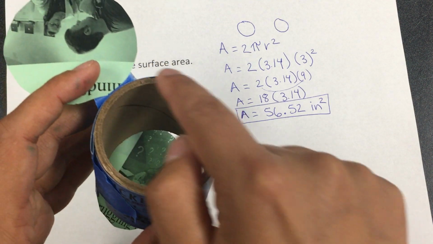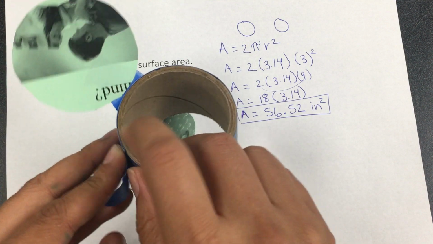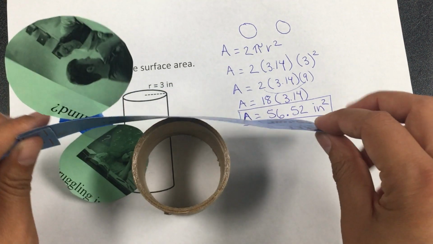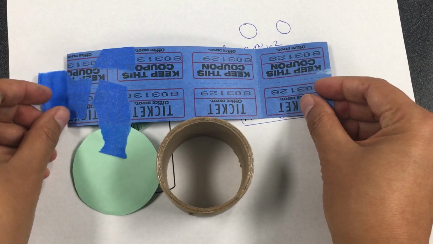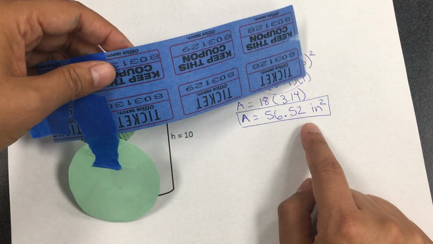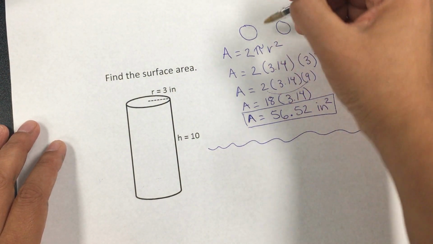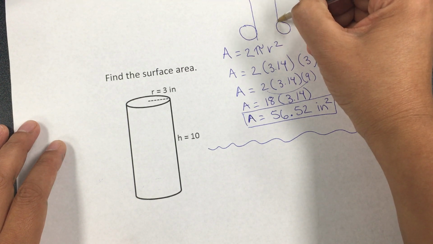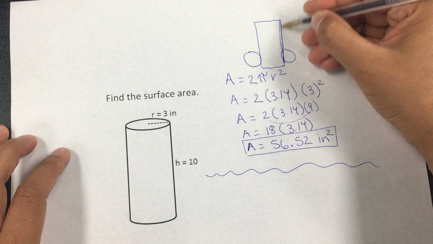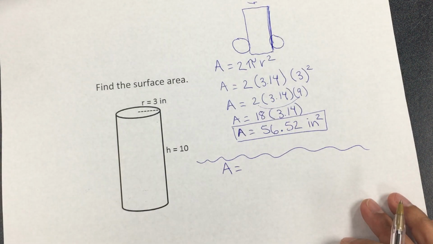What I just pointed out is the circumference. That's just one line, and you open it up, and that becomes the base of the rectangle. For this part right here, this is the circumference and this is the height. So that's how I'm going to find the lateral area.